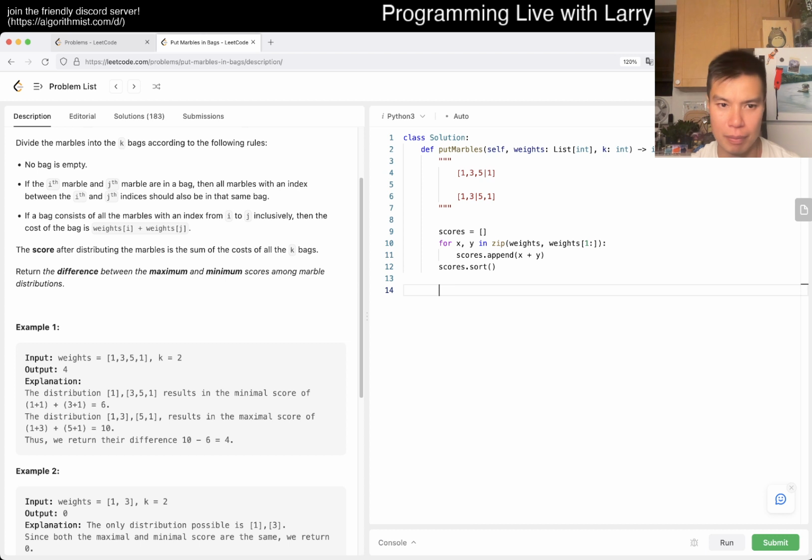So what's it? Mini is equal to 0, maxi is equal to 0, for i in range of n, maybe, or is it n? I don't know. The length of scores should be n minus 1, the number of items in scores, but fine. Oops, did I delete too much? I did.